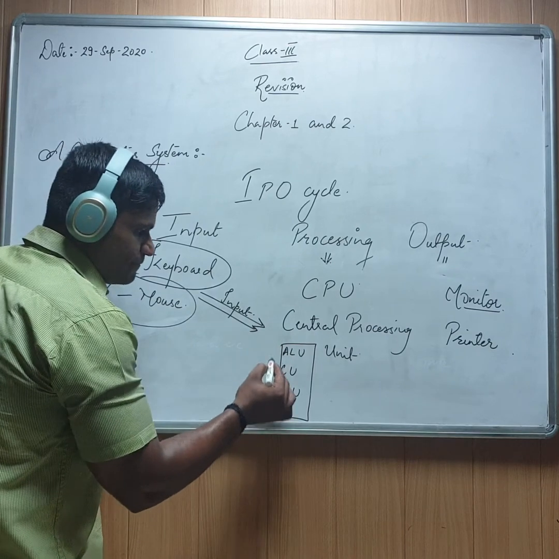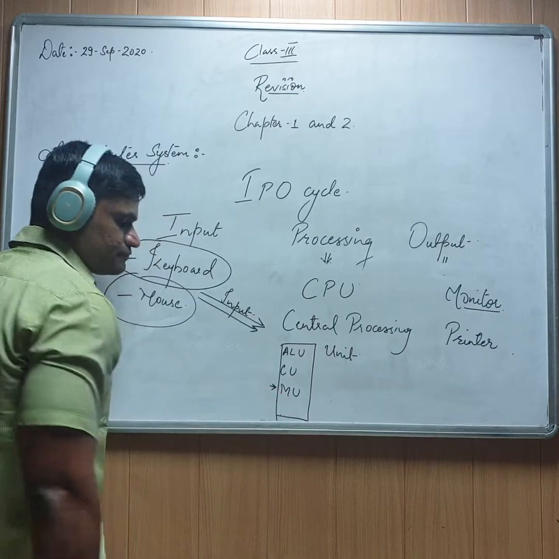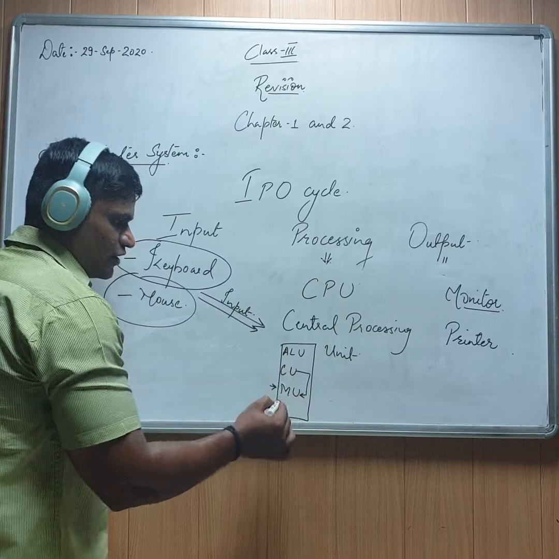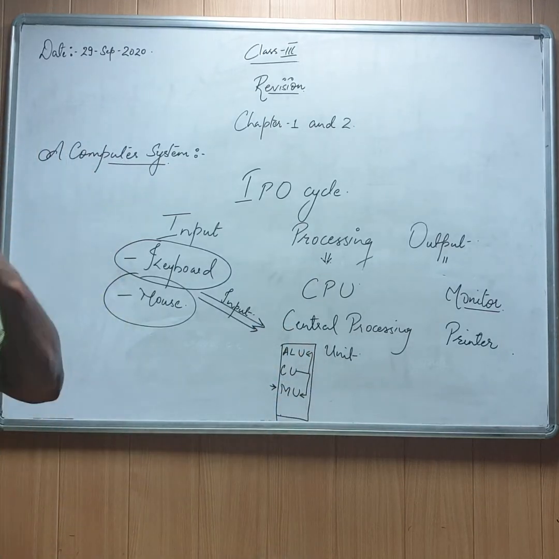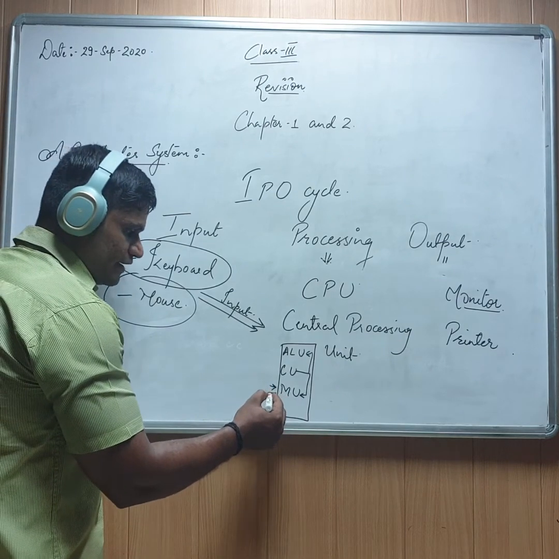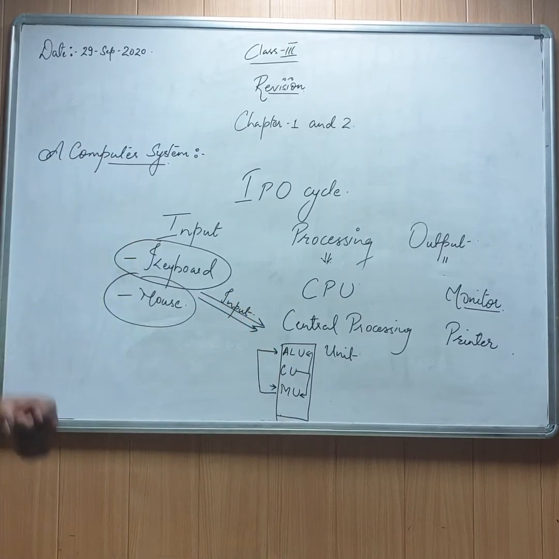Then this input is stored in your memory unit, being controlled by the control unit, which controls the memory unit as well as the ALU, that is the arithmetic logical unit. From the memory unit, the content is received by the ALU for processing.